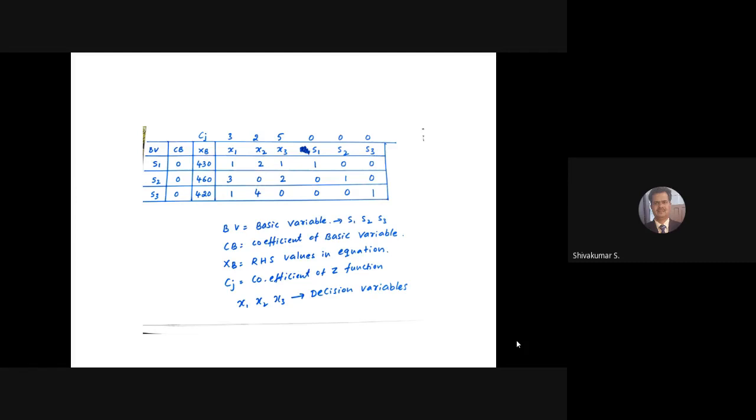For the remaining 6 columns, you write x1, x2, x3, s1, s2, s3, and you keep one column blank at the right side.